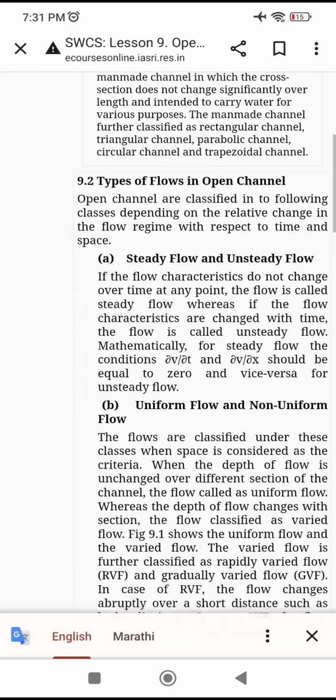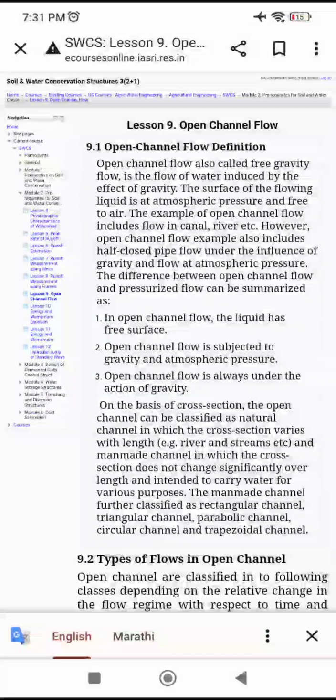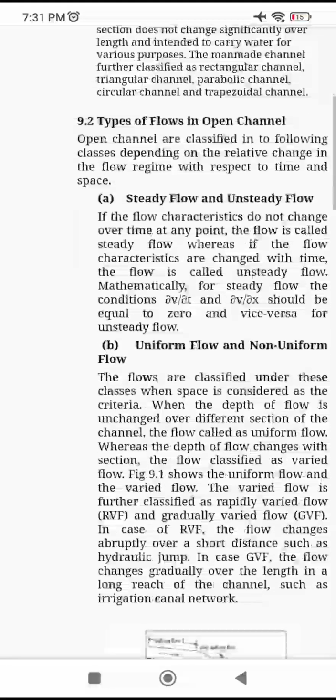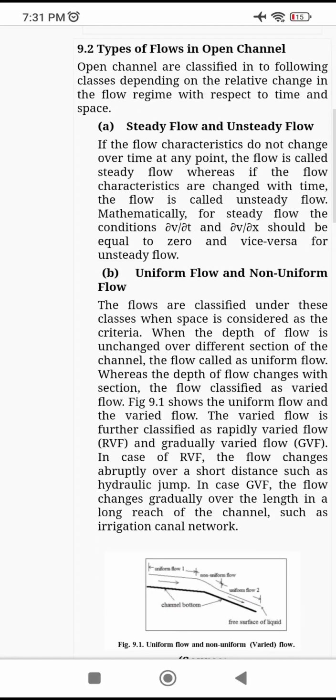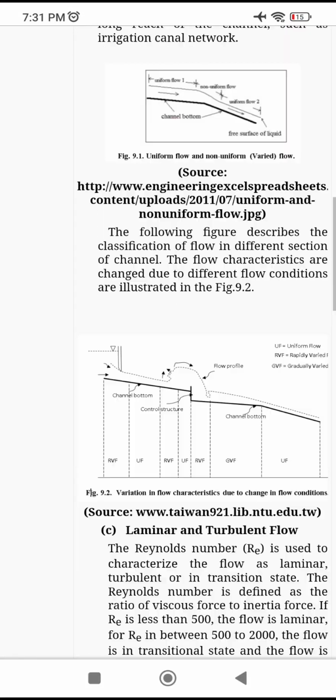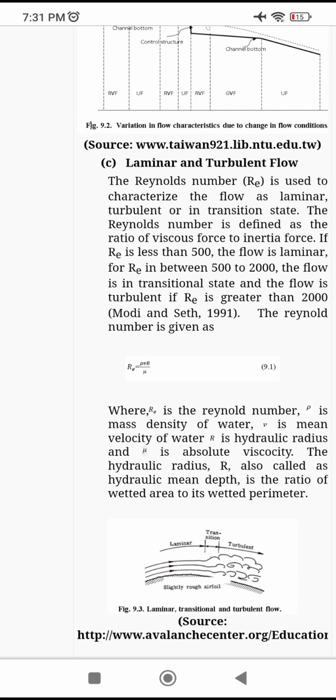Now open channel flow, what is meant by open channel flow? It is also called free gravity flow, and is the flow of water induced by the effect of gravity. What are the different types? Steady flow, unsteady flow, uniform flow, non-uniform flow, laminar and turbulent. Here for laminar and turbulent, if the Reynolds number is less than 500, the flow is laminar. When it is between 500 to 2000, the flow is in a transitional state, and flow is turbulent if the Reynolds number is greater than 2000.